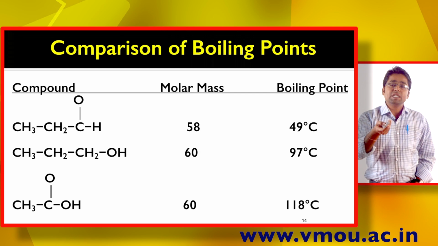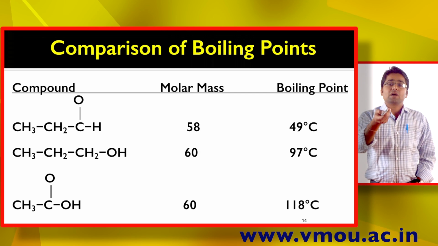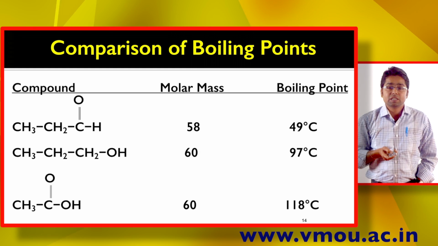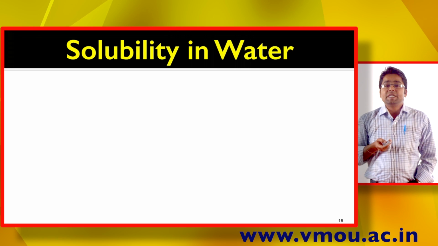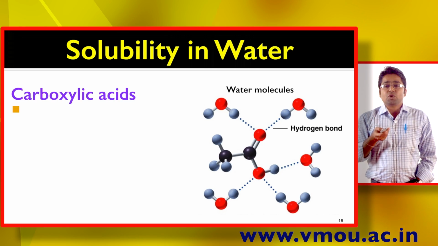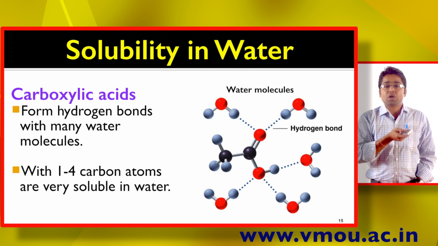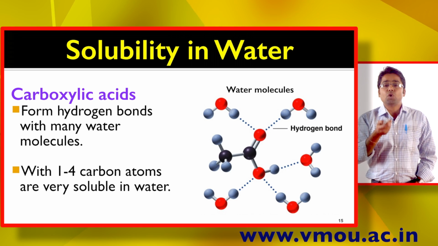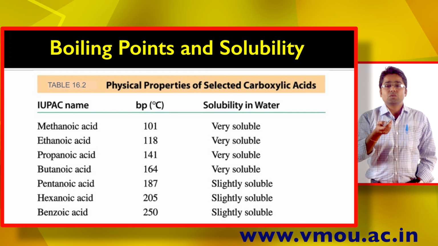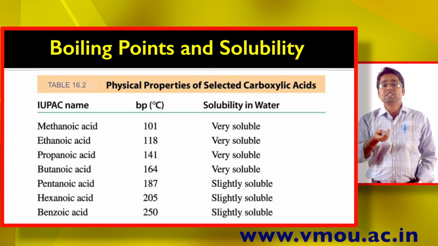It can be easily seen that the boiling points of these acids are much higher than those of alcohols and aldehydes. And as mentioned previously, the solubility of carboxylic acids in water is higher because they are polar. Here is the list of the solubility of different acids in water.